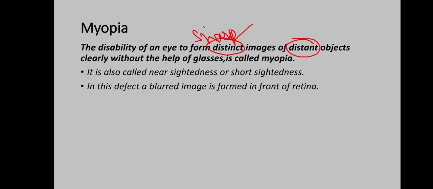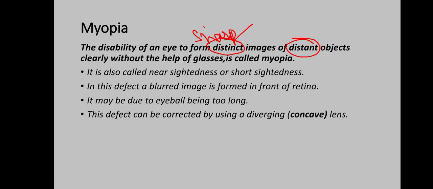So the sharp image is not formed. If the image is formed on the retina, it will be sharp, but this image is now forming in front of the retina, so it is a blurred image. The object will appear blurred. It may be due to the eyeball being too long. If the eyeball becomes too long, the images will be formed in front of the retina, and that results in myopia.